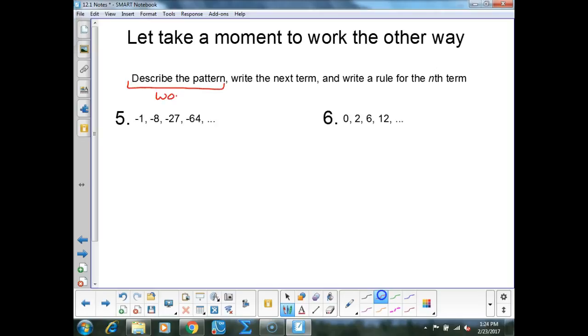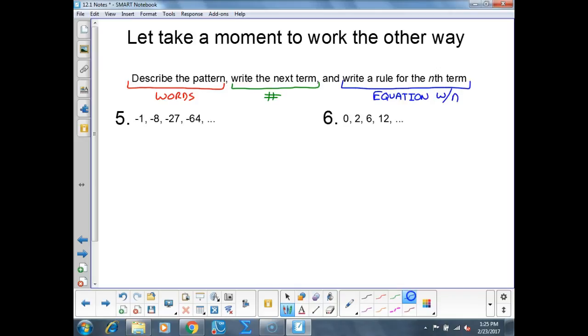That's going to be words. Write the next term. That's going to be a number. And then write the rule. That's going to be an equation with n as my variable because I want the nth term. So I'm saying n has to be your variable.